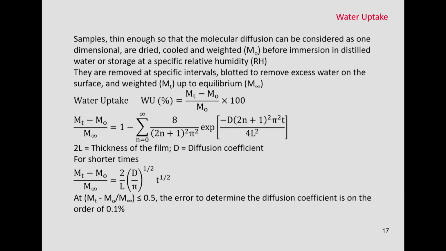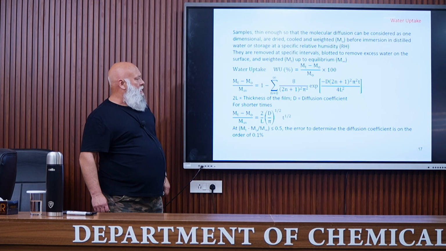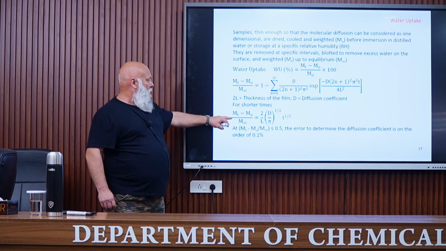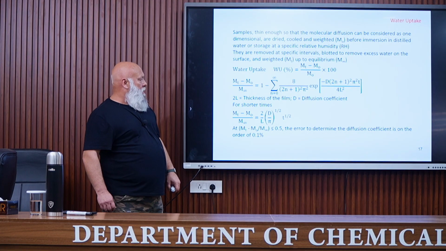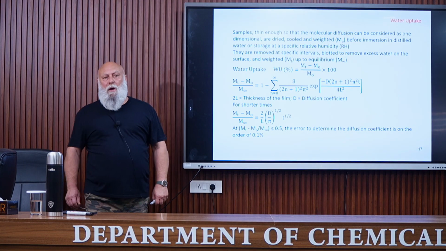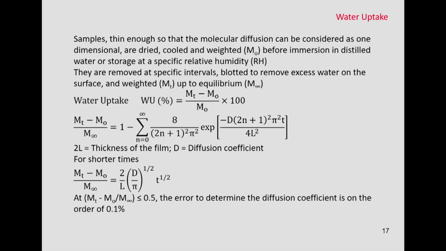And it is observed that when this parameter is lower than 0.5, the error to determine the diffusion coefficient using this equation instead of this one is of the order of 0.1%. Of course, it's easier to use this one, so you need to use this equation, but only at the beginning of the experiment.